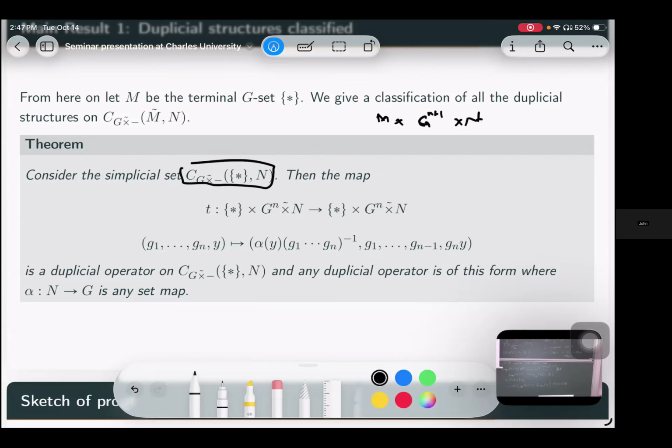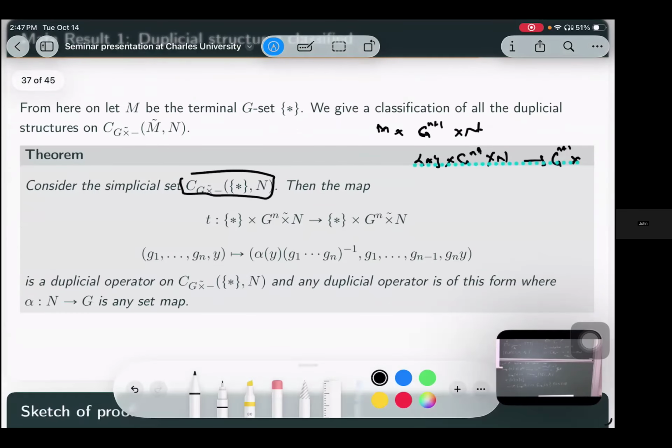But actually there is an isomorphism going from this one to G^{n+1} cross, I think we take N cross M. So this sounds sort of adjoint. So there is an isomorphism that links this to that. That gives me a way to go about this very problem.